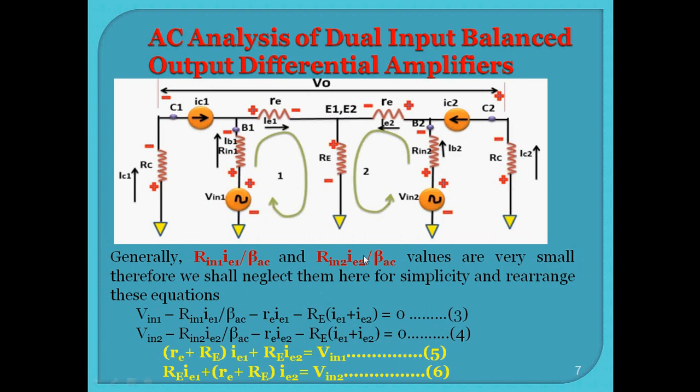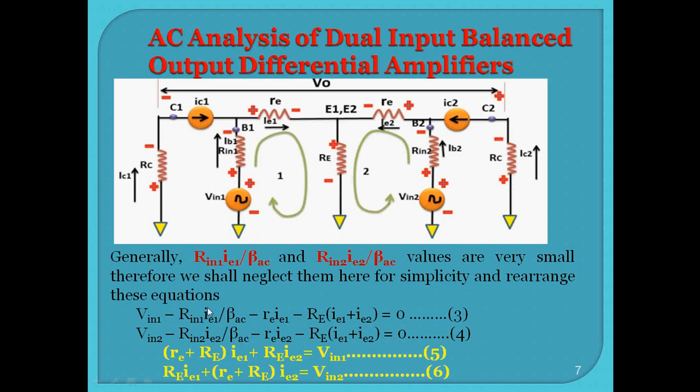When we neglect these two terms and rearrange the equations, as Rin1 by beta AC is a small factor, we are going to neglect this total term from the first equation, and the total term Rin2 into IE2 by beta AC from equation number 4.